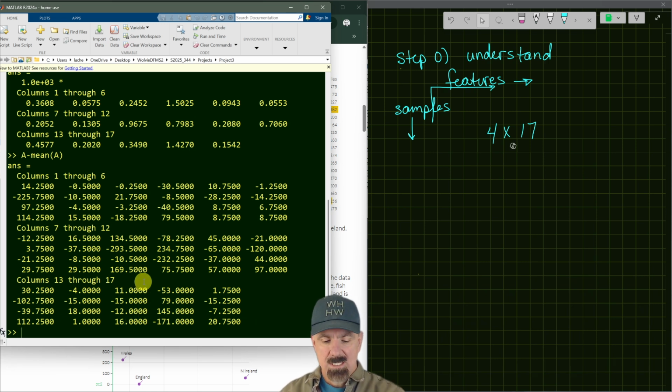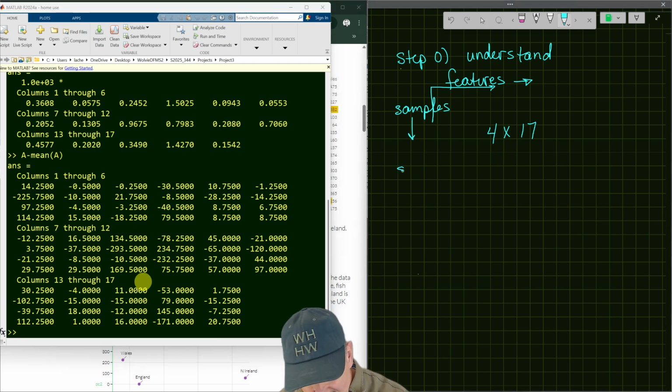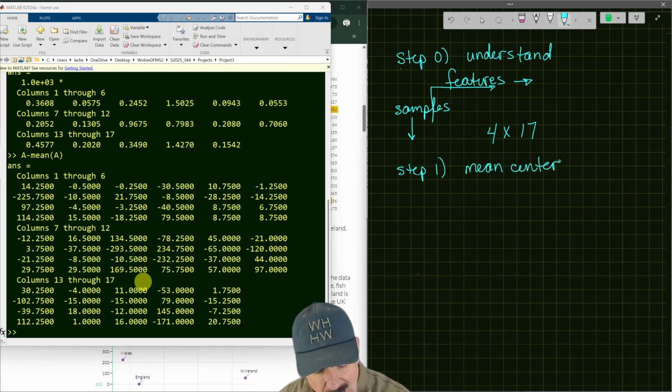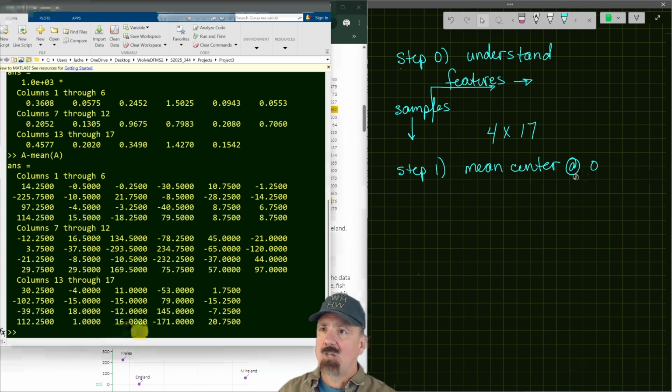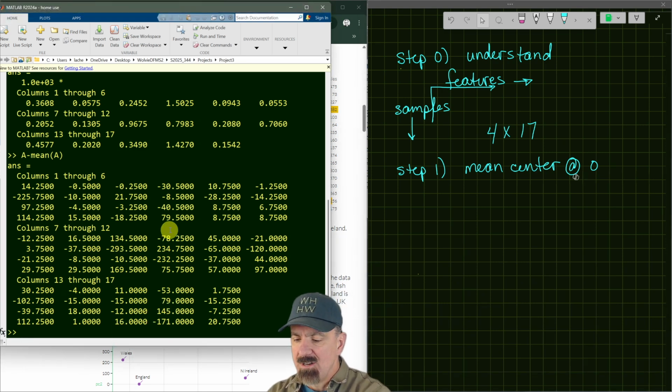So the other thing that we discussed, so we talked about this being step number 1. We're going to mean center at 0, and then we're going to make the decision whether or not we want to standardize, whether or not we want to bring the variance to be 1 across all the features. To do that, what we would do is take our mean centered data.